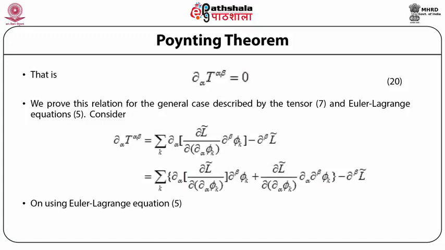On using the Euler-Lagrange equation, ∂_α (∂L/∂(∂_α φ_k)) is equal to ∂L/∂φ_k.